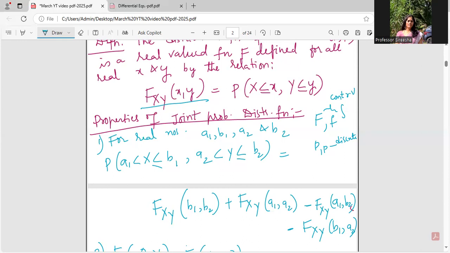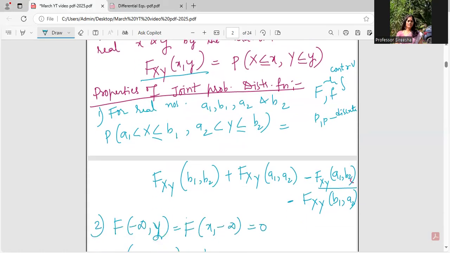That value is equal to capital F of X comma Y, B1, B2, plus capital F of X comma Y, A1, A2. Both are added, but then the thing that is subtracted is the combination of A1 with B2 and B1 with A2, the cross variation kind, usually we call that to be cross variation.